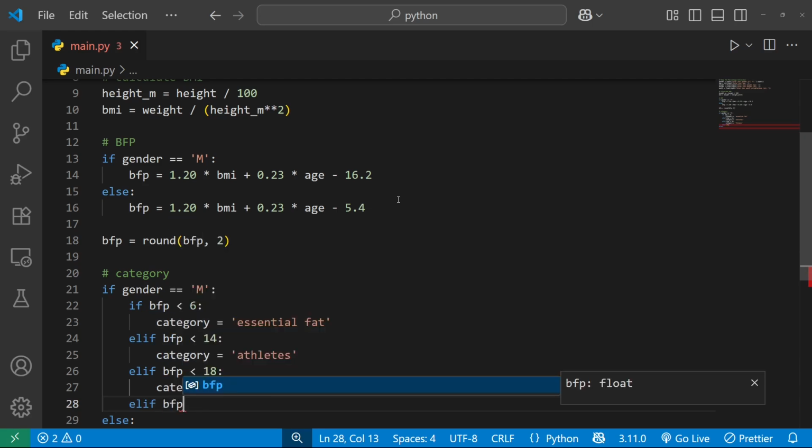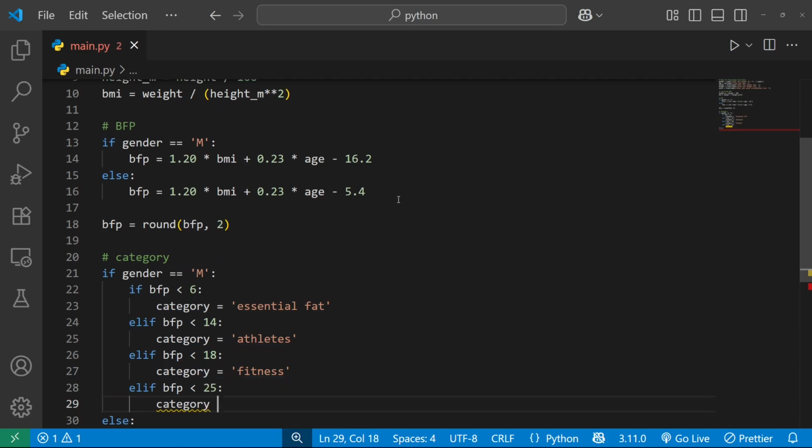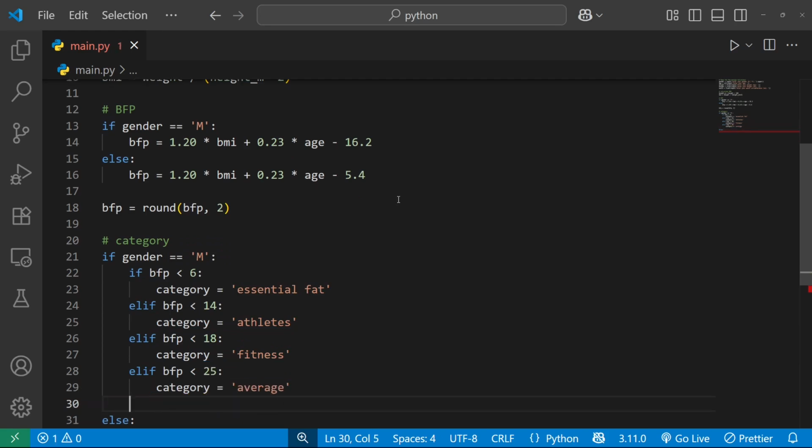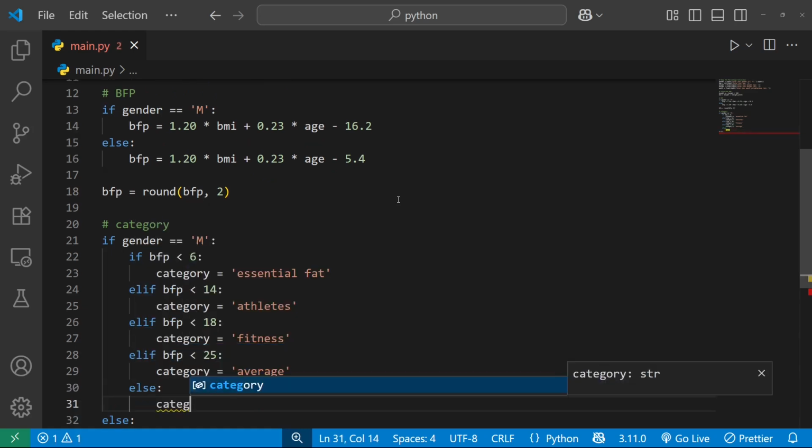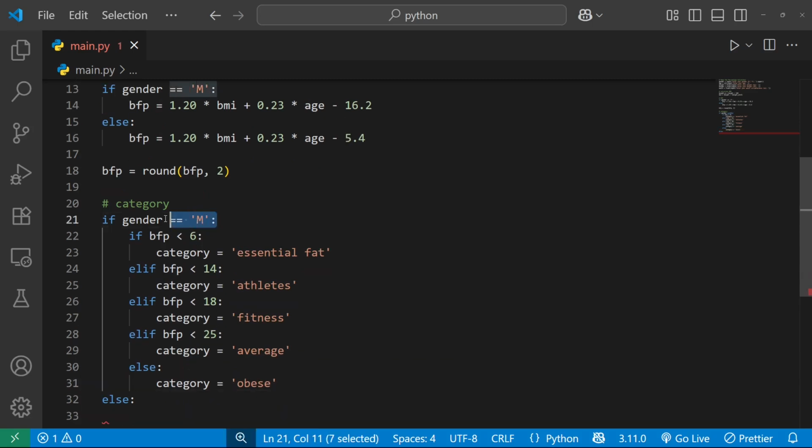If BFP is smaller than 25, the category will be average. Else the category will be obese. Okay, and it's for male.